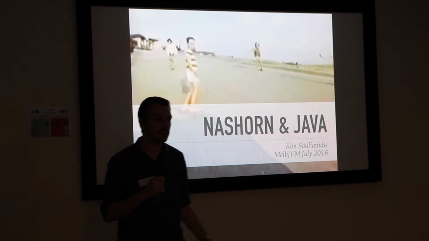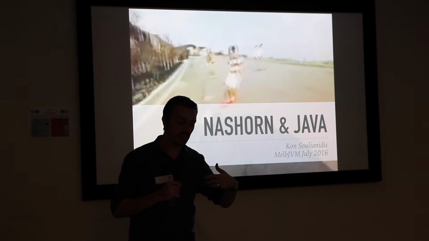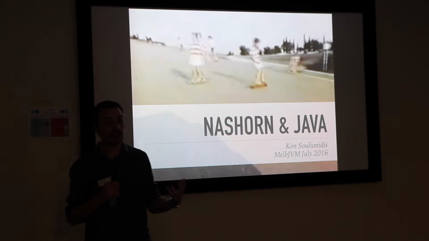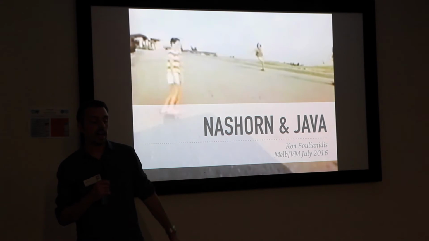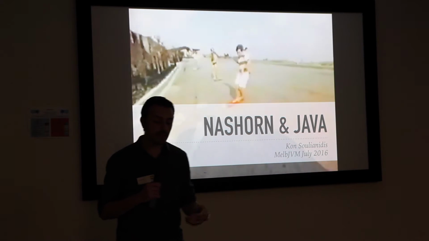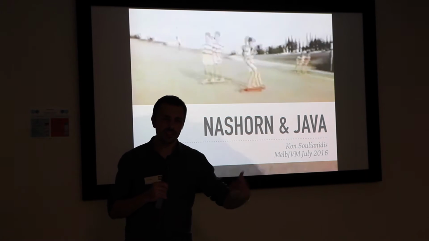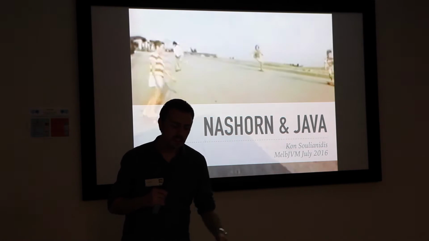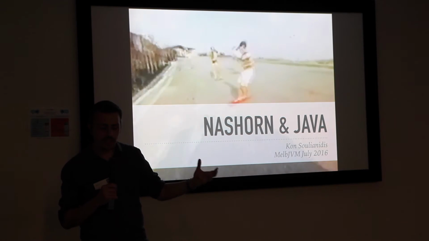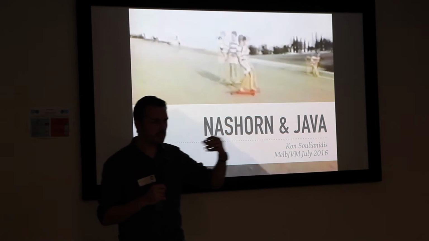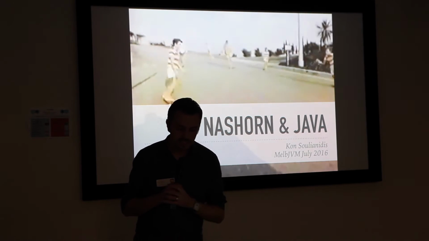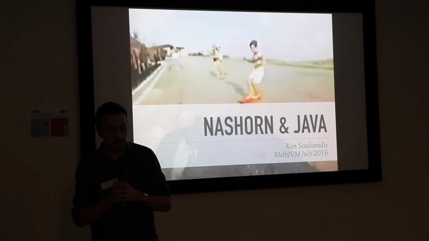So I thought I would give you an intro into what Nashorn is and what it does. I'm going to talk about some of the small gotchas that have tripped us along the way, how we use it, and a tiny bit about what's coming up in Nashorn for Java 9.